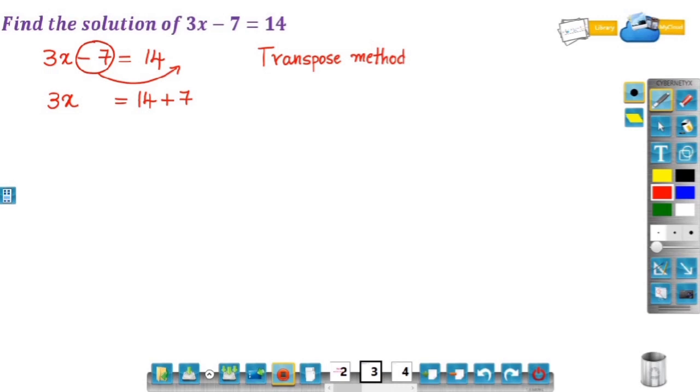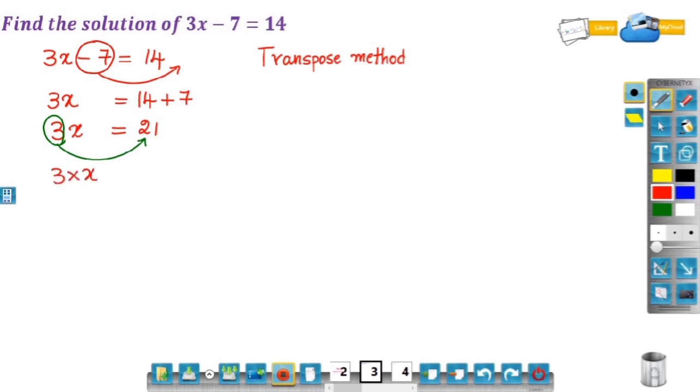Now 3x is equal to 14 plus 7, which is 21. So now 3 into x is equal to 21. We have to transpose 3 to the right hand side. 3 into x is multiplication with the variable, so that becomes division.